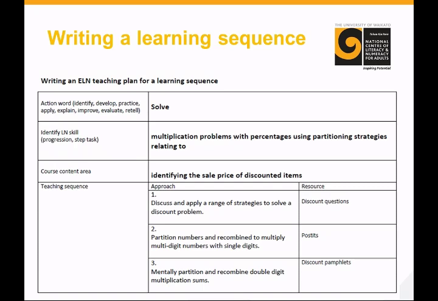The first thing we were going to do is discuss and apply a range of strategies to solve a discount problem. I should say we did do this and it was successful. And in the workshop we covered each of these activities as well. The second thing was to partition numbers and recombine to multiply multi-digit numbers with single digits. And we used a post-it game to do this.